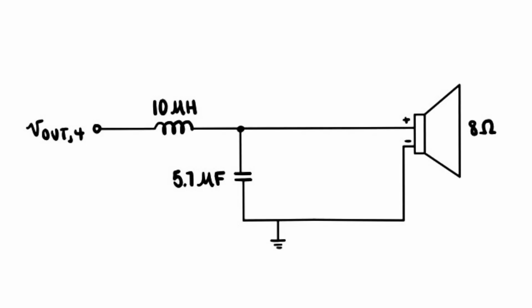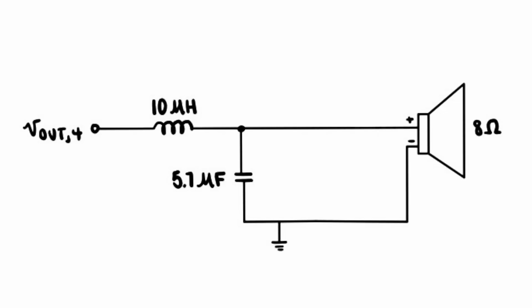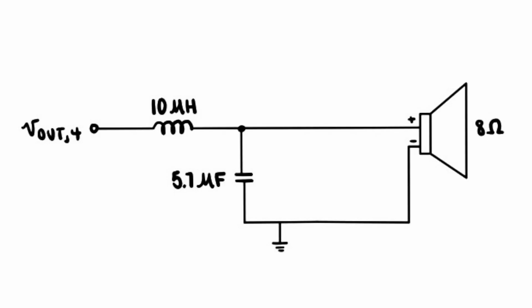The inductor value of 10 microhenry and capacitor value of 5.7 microfarad were calculated primarily based on setting a cutoff frequency around 20 kilohertz, which matches the upper limit of the audio frequency range. This cutoff ensures that the audio signal is preserved while the high-frequency switching components are effectively filtered out.